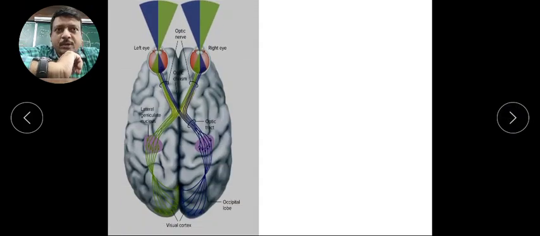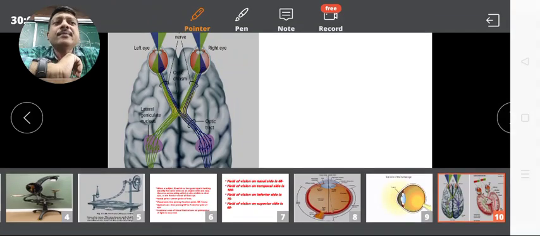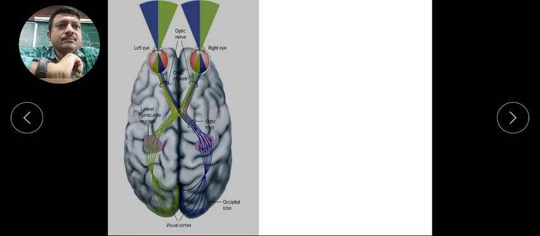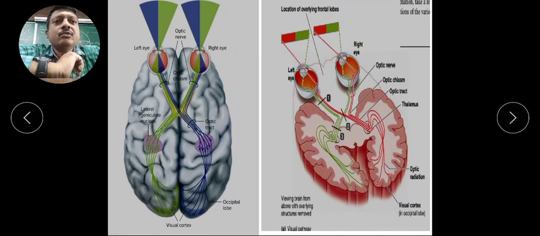Now the visual pathway. This is the right eye and this is the left eye.